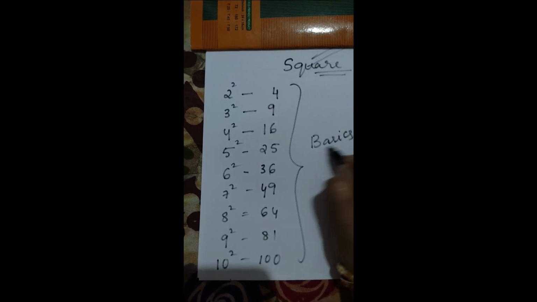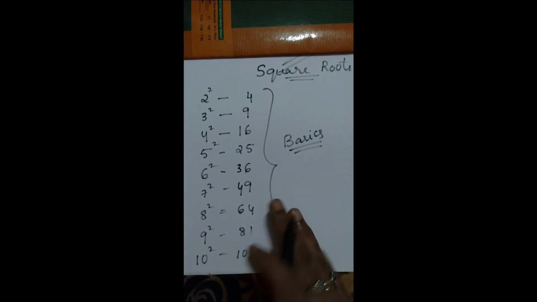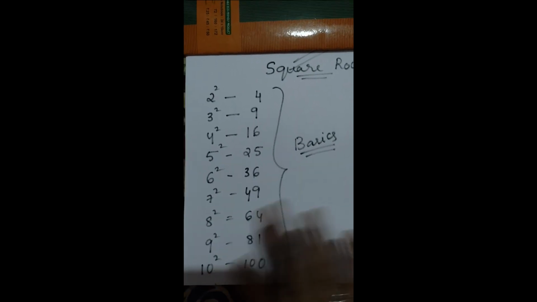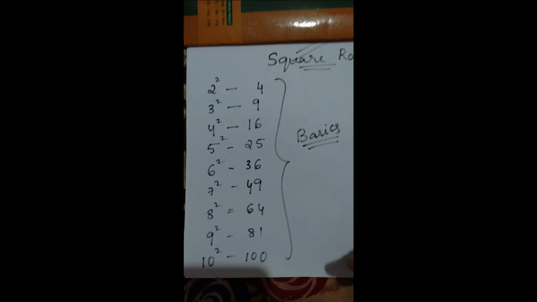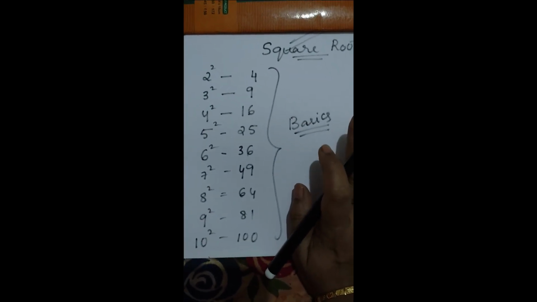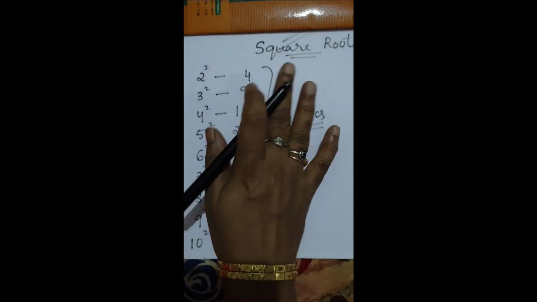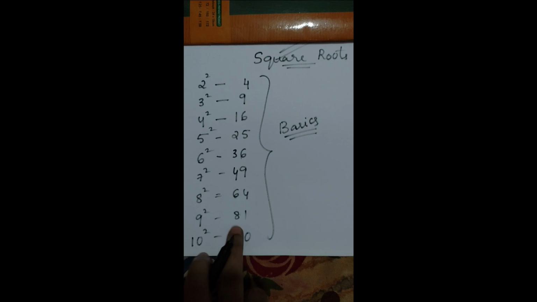You cannot escape from this. You should know these basics. Other things are advanced. At least if you know this, you can learn other things. This is very basic. When you are doing such kinds of problems, this is the basics which you should know.